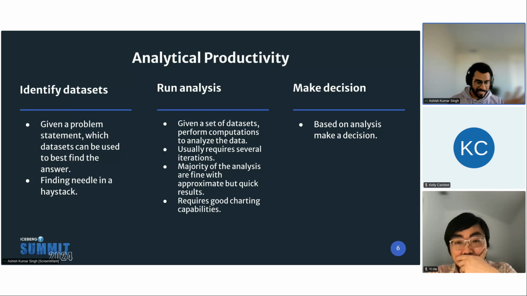So this is what the analytical productivity cycle typically is, at least at Pinterest, and I'm pretty certain other places are pretty similar too. We'll be talking about these specific stages, how we made it easier at Pinterest, and how Iceberg contributed to it. But before we do all that, let's just look at where Iceberg adoption is at Pinterest.